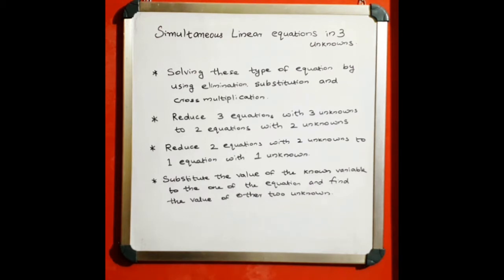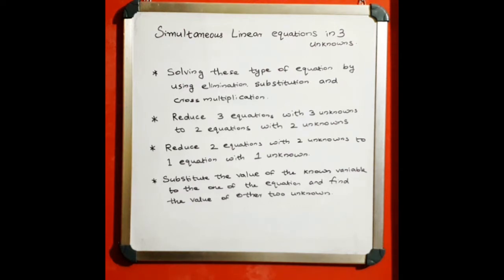That is, the simultaneous equations should contain x, y and z, and 3 equations come together. To solve such equations, we use methods like elimination, substitution and cross multiplication, as we used for simultaneous equations of 2 unknowns.